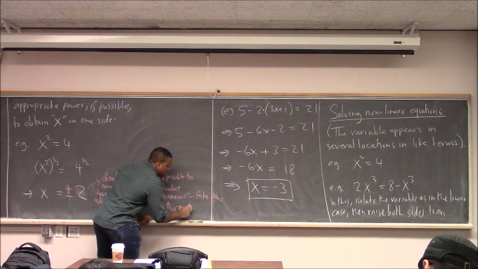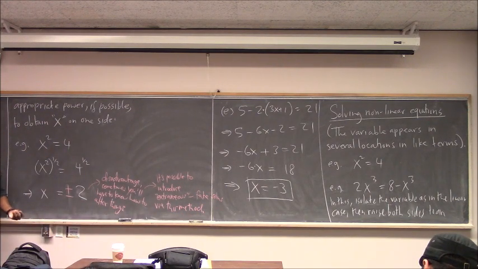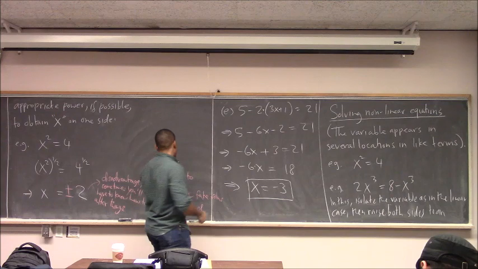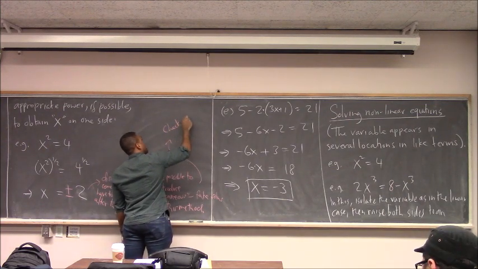And we'll see examples of that. We'll see some situations where it seems like the appropriate thing to do is to raise both sides to a certain power, but you realize sometimes by doing that we introduce solutions that shouldn't be there. And so we have to be careful here, and make sure to check your work after applying this rule.